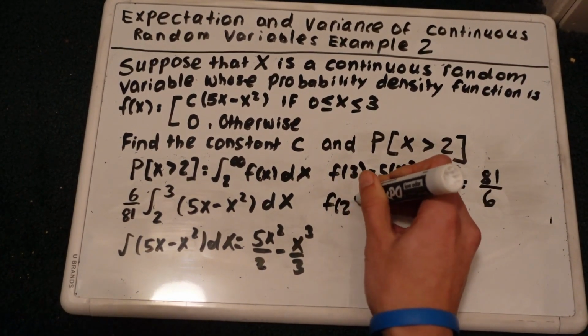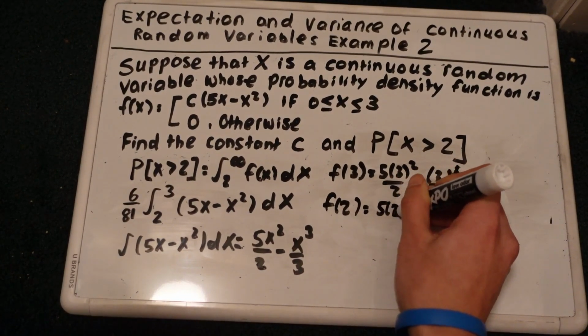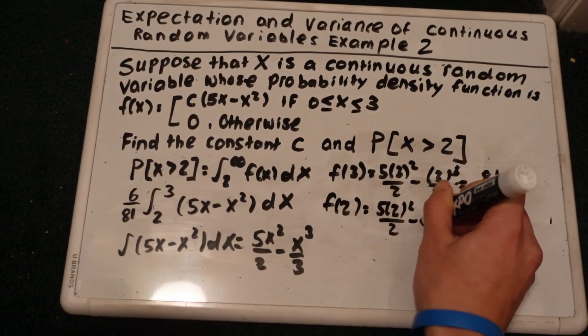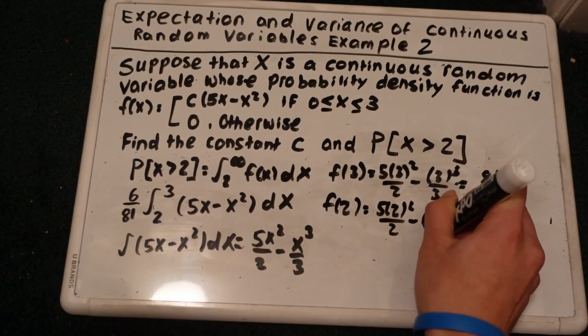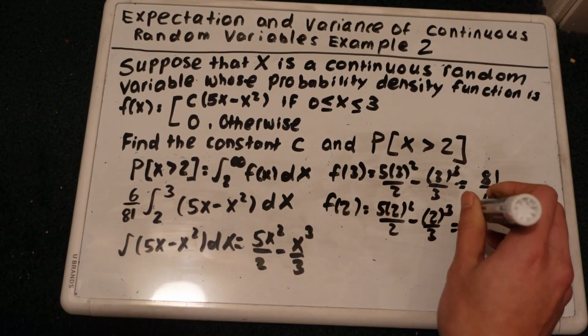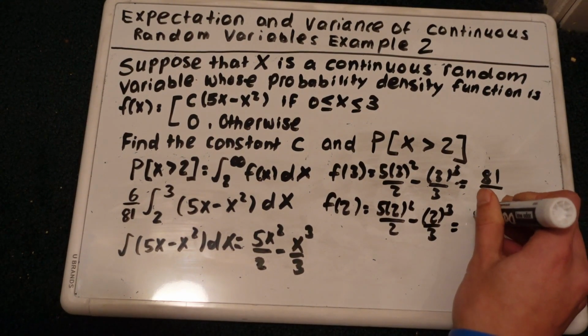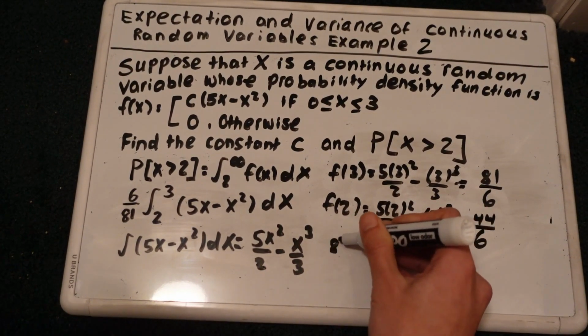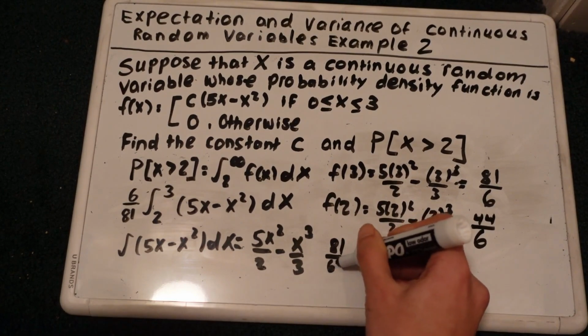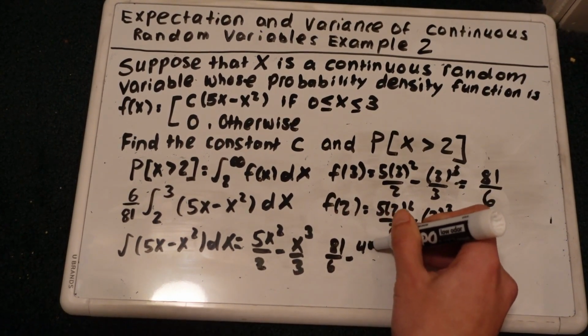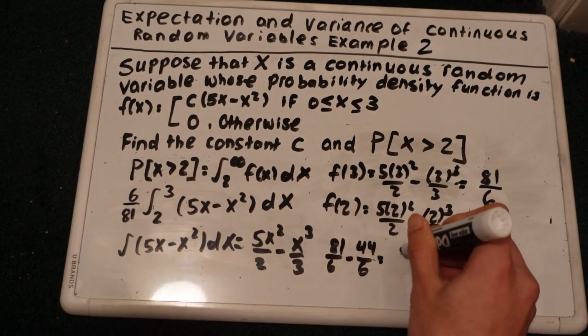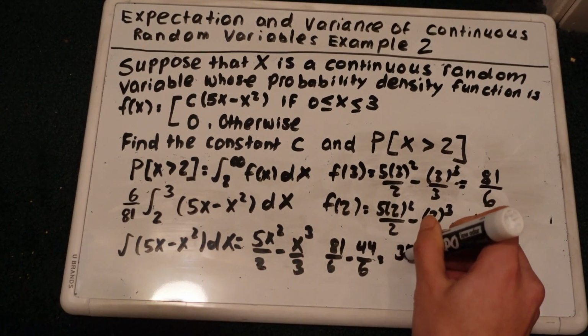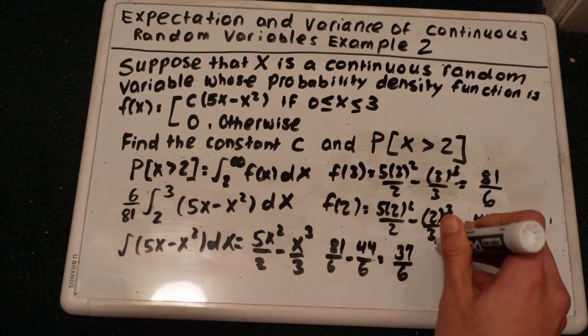And now for 2, this would be 44 over 6. Now let's subtract the 2. This would be 37 over 6.